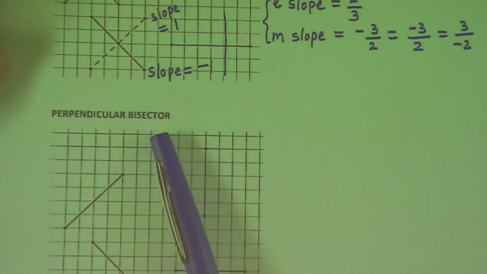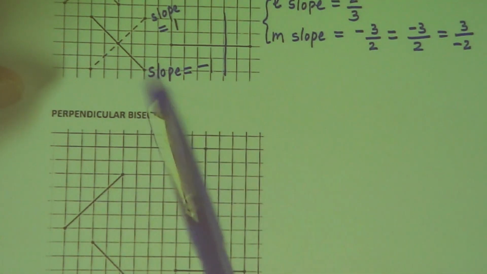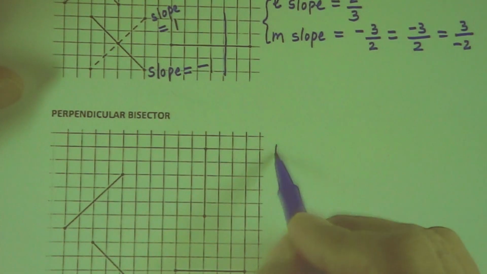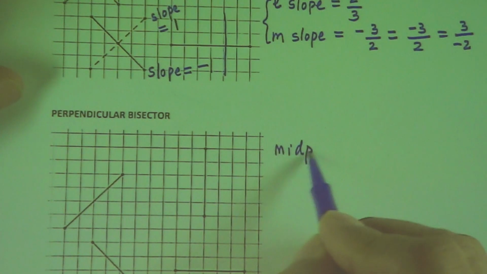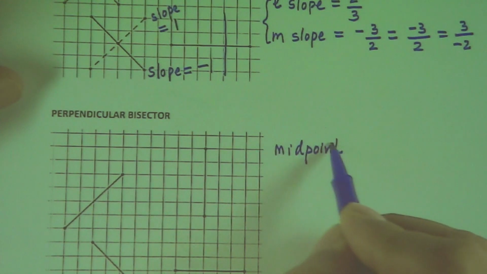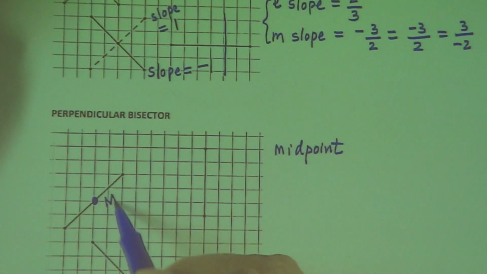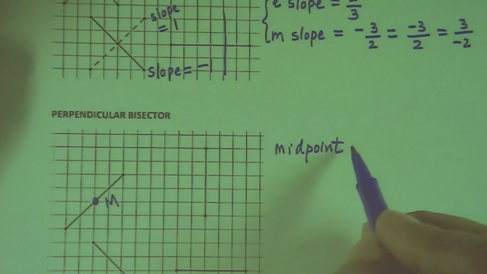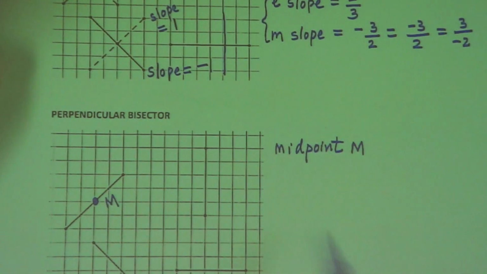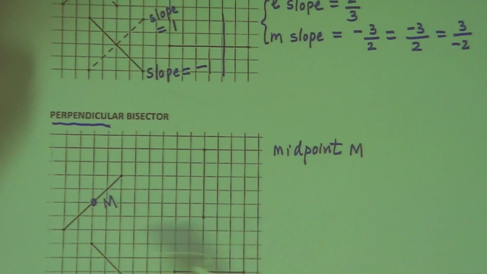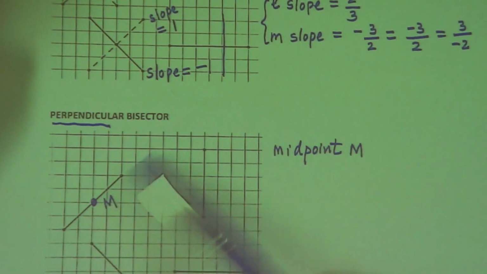Perpendicular bisector. Bisector means you must find the midpoint. Let's take this line. By counting, I could find the midpoint. And let us call that M. Then now we want the perpendicular. So what you'll need to do is to find the slope of this line.